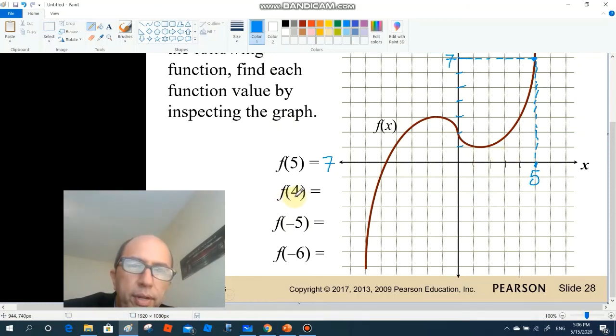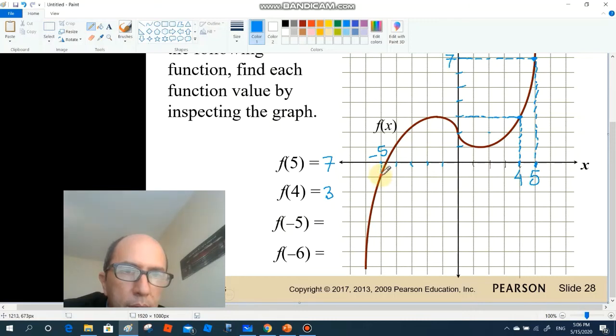For function of x equals 4, now 4 is here. Let's go. Now the function of x equals 4 is 1, 2, 3. Function of x equals negative 5: 1, 2, 3, 4, 5, negative 5.